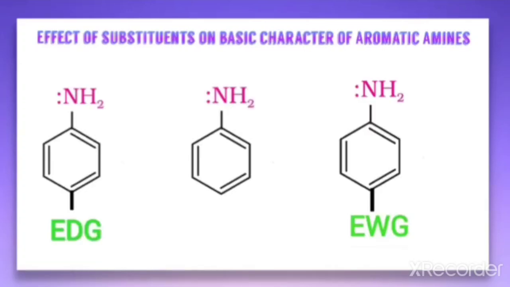Next we are going to discuss the effect of substituents on the basic character of aromatic amines. When we compare the basic character of aromatic amines like aniline with aniline substituted with an electron donating group and with aniline substituted with an electron withdrawing group, it is observed that the order of the basic character is in this way.